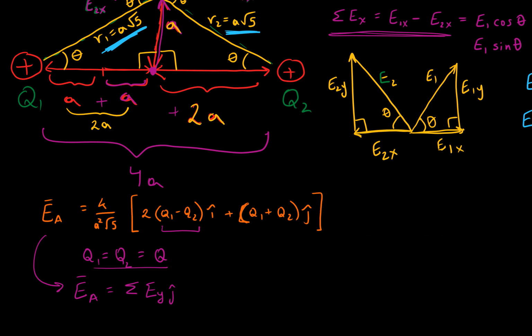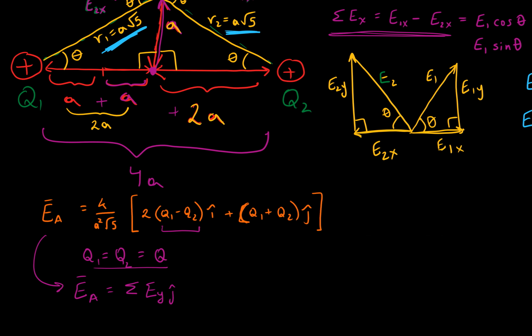Now let us change this up a bit and say, how would our result change under different premises? One premise is, suppose that q1 and q2 are equal but oppositely charged particles.